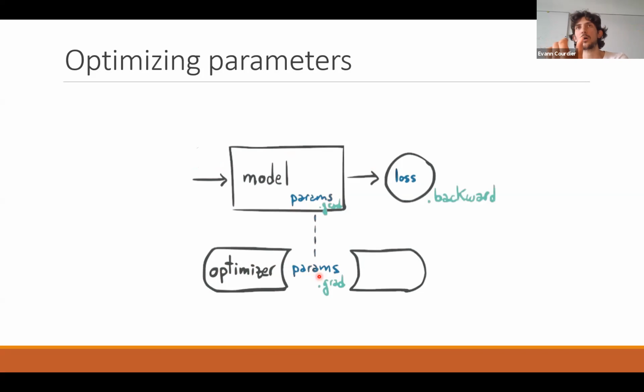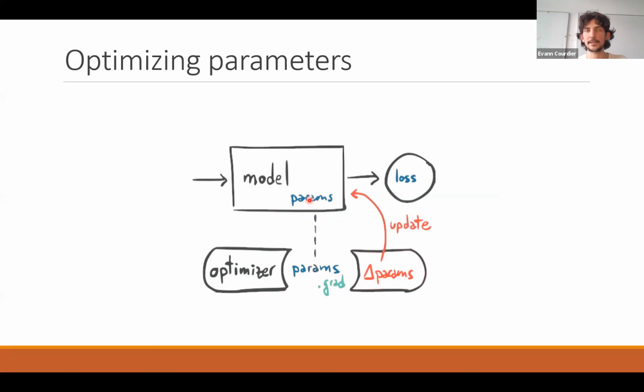We will call backward on that loss, which will compute the gradients of each parameter, and it will be stored inside the .grad attribute of each parameter. And since the optimizer holds a kind of reference to the parameters of your model, it will also be able to access the .grad attribute. And when you call .step, it will compute the update that it needs to do on the parameters, and it will apply it.